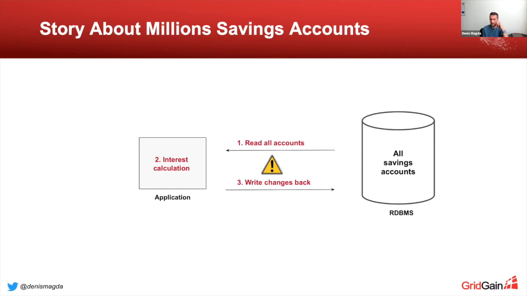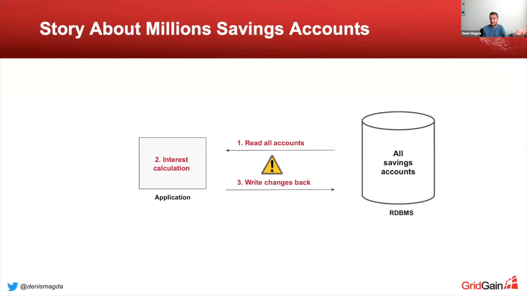That's a bank, one of the biggest banks. They store millions and millions of different savings accounts. As with any basic bank, you can open a savings account and put your money in, and once a month, the bank would apply some interest rate. So eventually you would get some money accumulated over there.